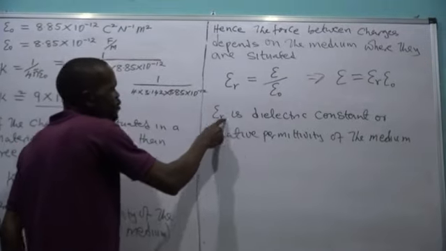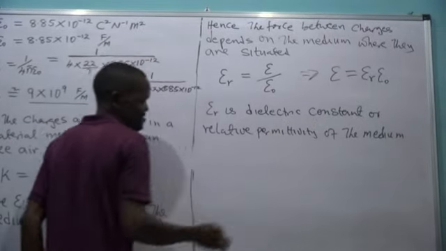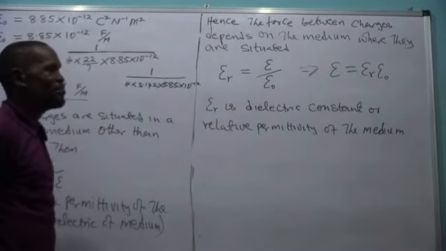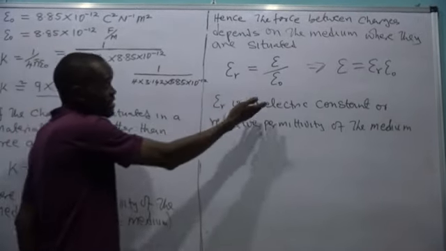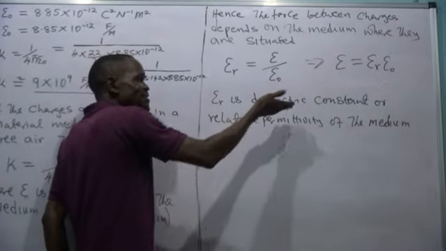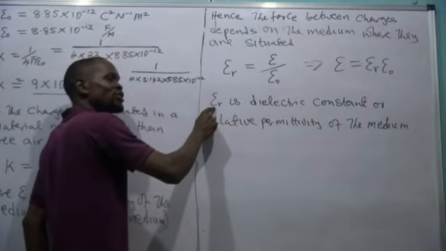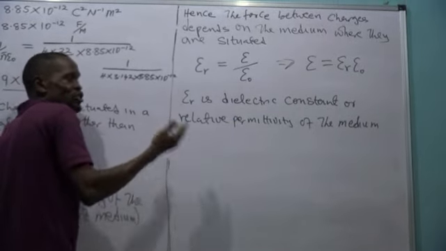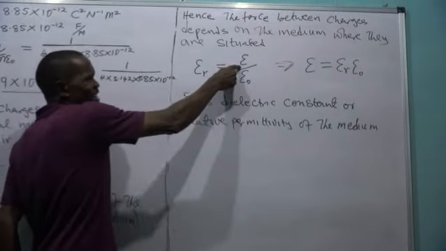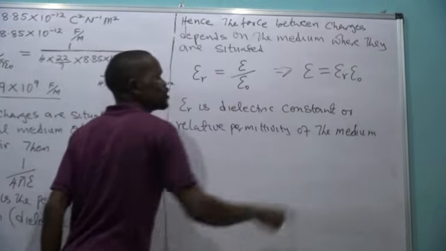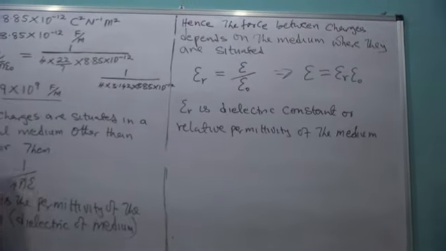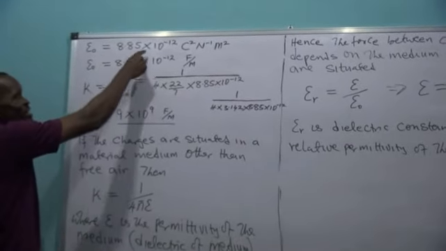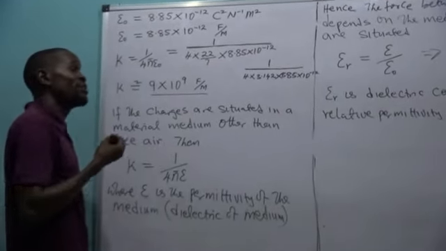In some cases, they will give me the dielectric constant, which is epsilon r, without giving me the permittivity of that medium. For me to get it, I will multiply it with epsilon 0, which I've already known. This epsilon 0, which we explained before, is a constant value which you need to put in your brain and memorize.